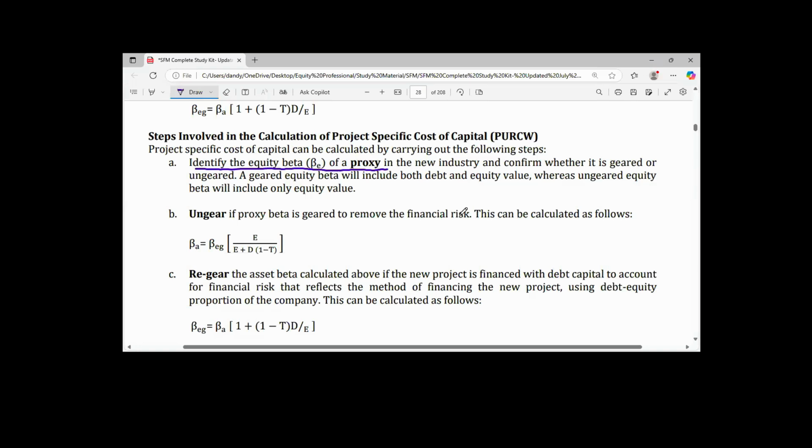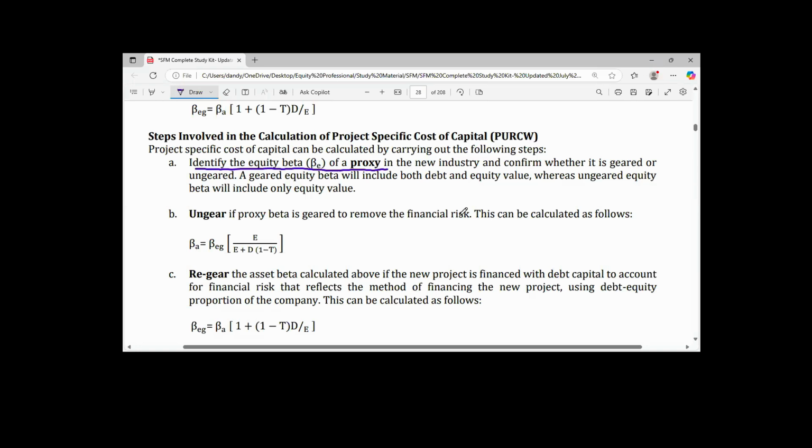So that is how to identify the proxy beta. Just go to the balance sheet of the proxy company, pick the beta you have there, put it in your step 1. Then step 2 says you should ungear if the beta is geared in order to remove financial risk.